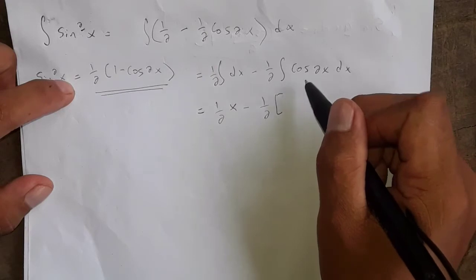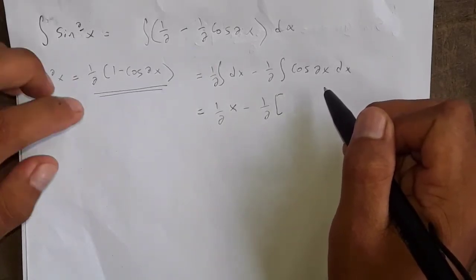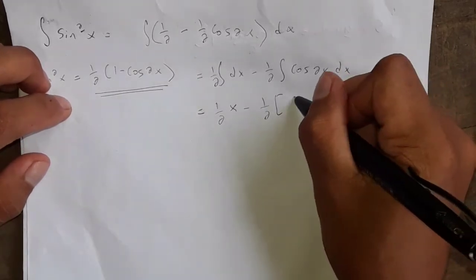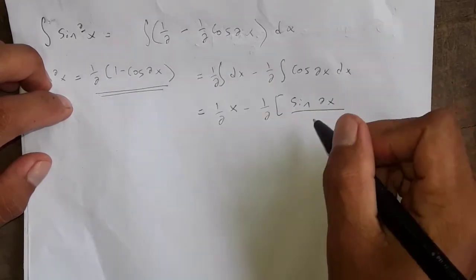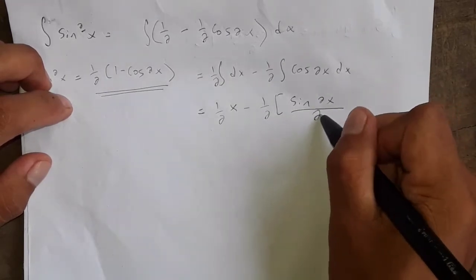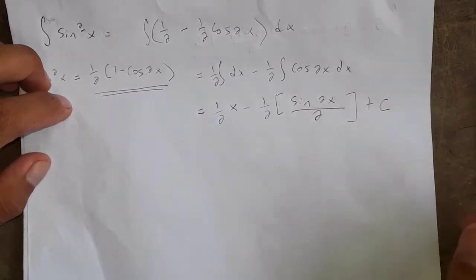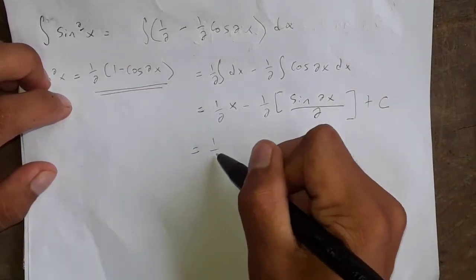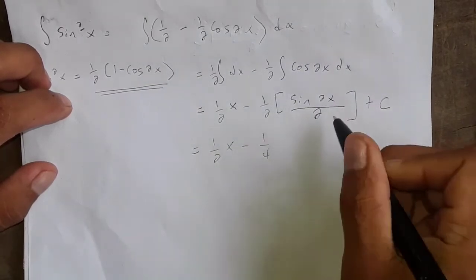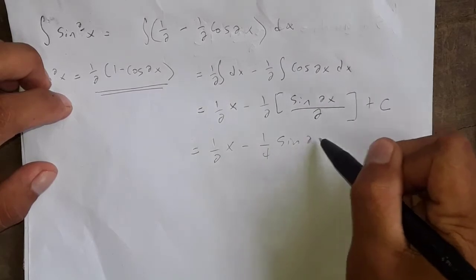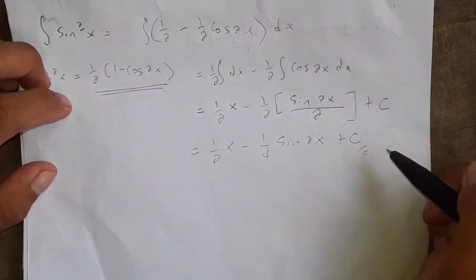The integral of the outside function of cosine 2x is equal to sine of 2x, then divide by the derivative of the inside function, which is 2, then add an arbitrary constant. By simplifying, we have 1/2 of x minus 1/4 sine of 2x plus c. So that was our final answer.